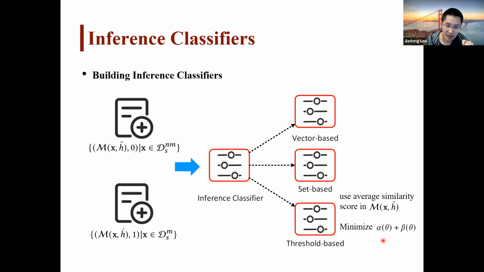So they want to minimize this metric. They want more similarity scores larger than theta if they belong to the member dataset, and more similarity scores smaller than theta if they belong to the non-member dataset.